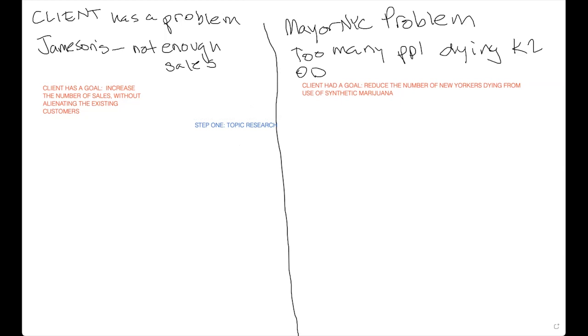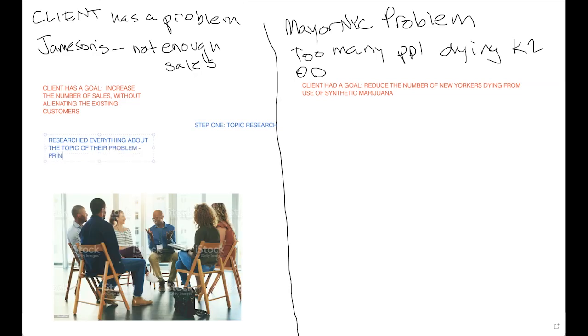Primary research is when we get it straight from the horse's mouth, so to speak. And Jameson's has that kind of money, so they were able to do focus groups and things like that. So they researched everything about the topic of their problem, and they did that with primary research. So they used focus groups and whatnot.